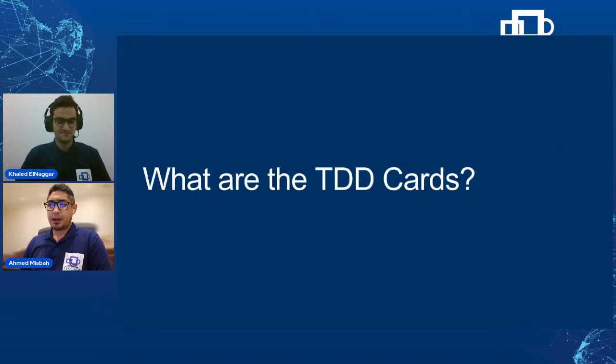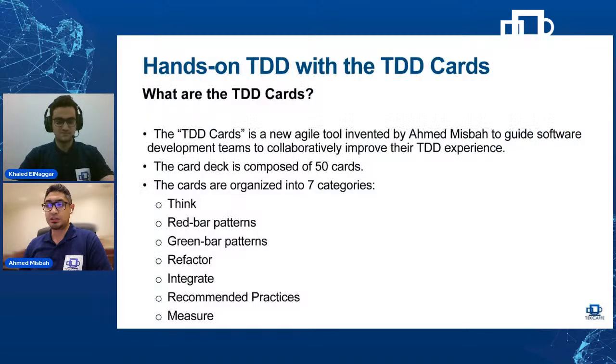So I think we'll start first with talking a little bit about the TDD cards. So what are the TDD cards? The TDD cards is a new agile tool that I invented to guide software teams to collaboratively improve their TDD experience. It's a card deck that is composed of 50 cards, and these 50 cards are organized into 7 categories.